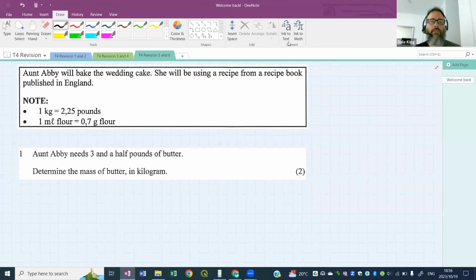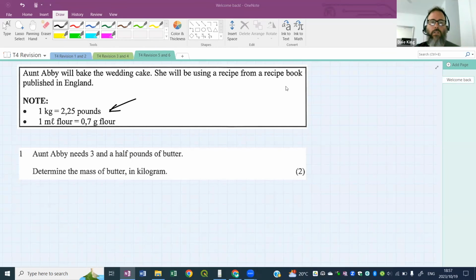Last one, guys, and then we call it quits. 3.5 pounds. What is that in kilograms? Use the conversion they've given you. That looks like a lot.